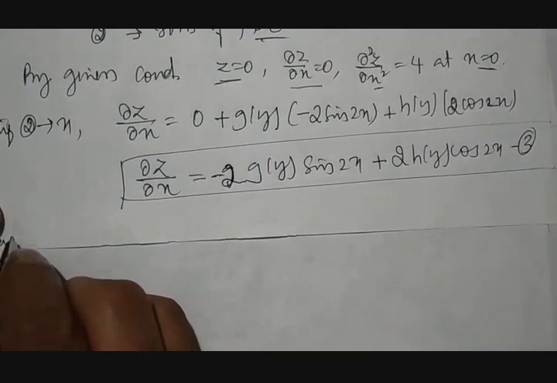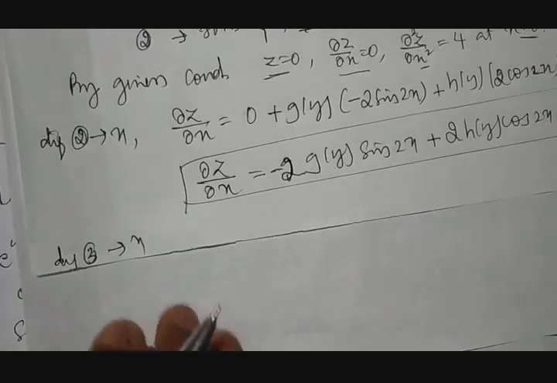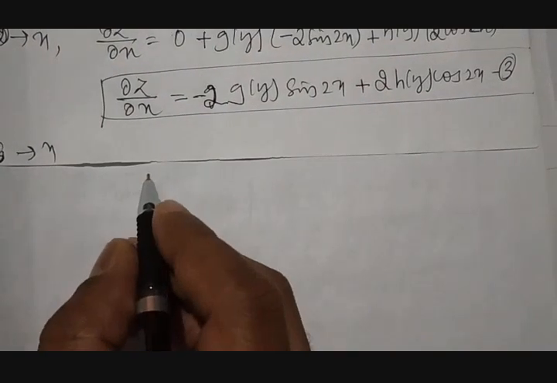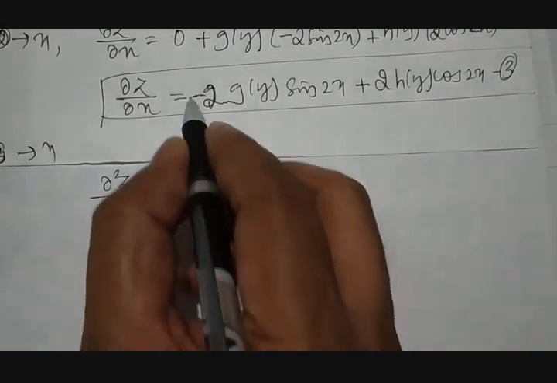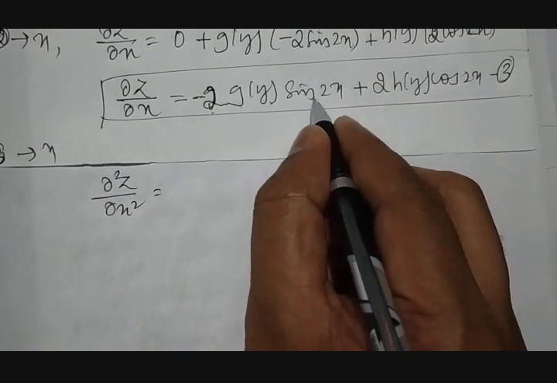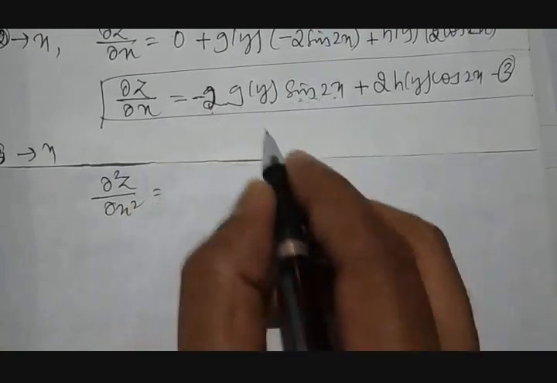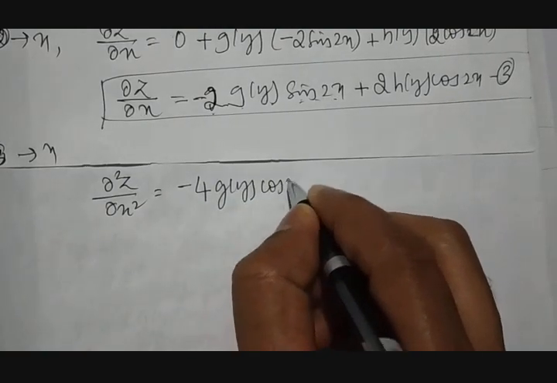Then again differentiate equation number 3 with respect to x. Then we will be getting ∂²z/∂x² is equal to minus 2 g(y) constant, the differentiation of sin 2x will be 2 times cos 2x, so 2 into minus 2 will be minus 4 g(y) into cos 2x.